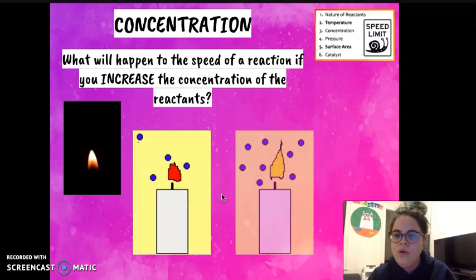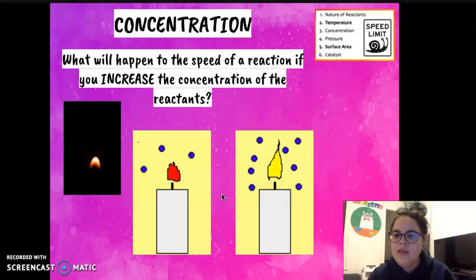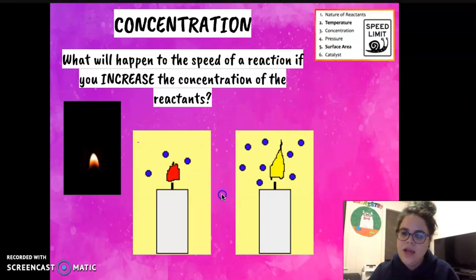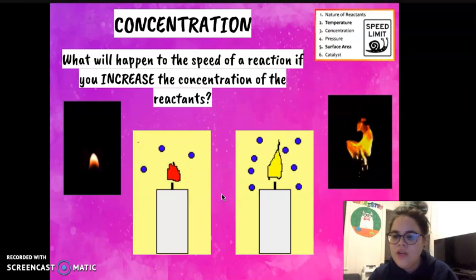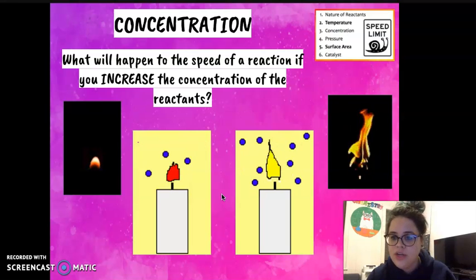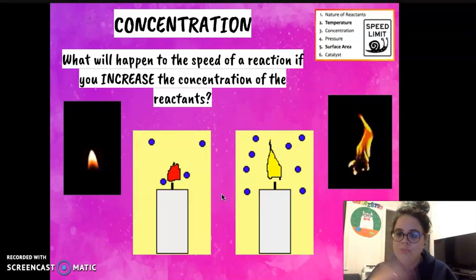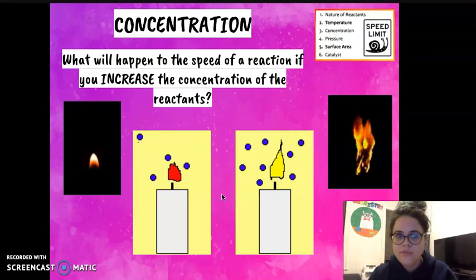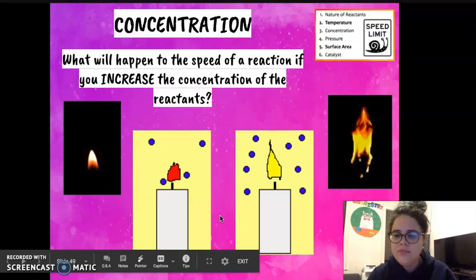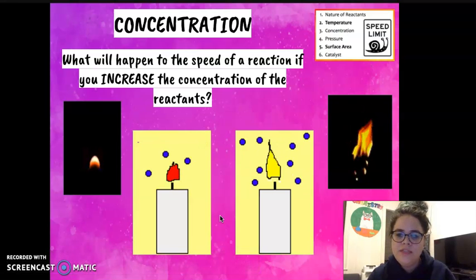If I add more molecules, then that's going to make the reaction easier to happen because there's more stuff to collide. And so you're going to get a more vigorous flame if you have more oxygen. This is why when you're trying to start a fire, you fan the flame to try and give it some more oxygen.